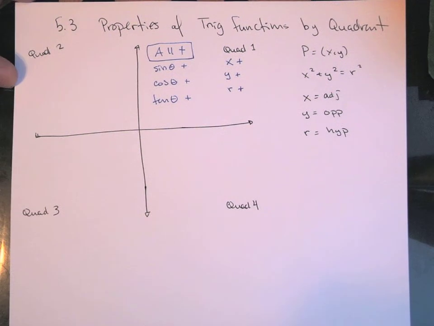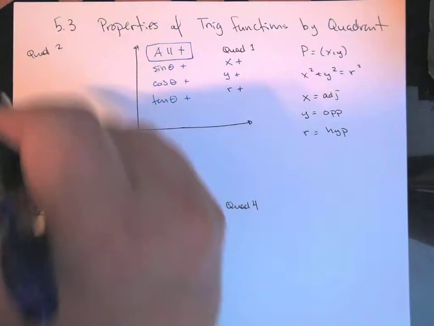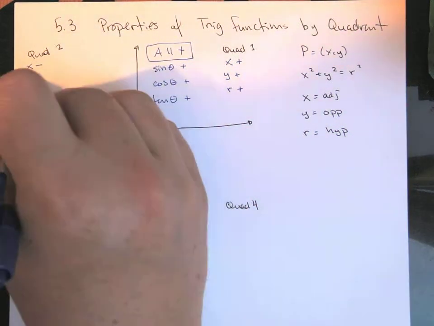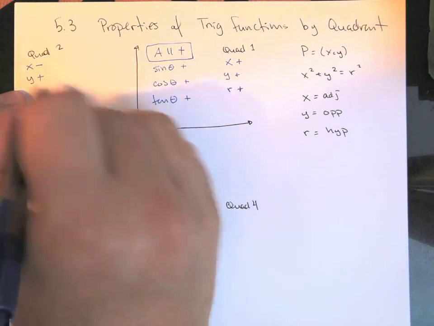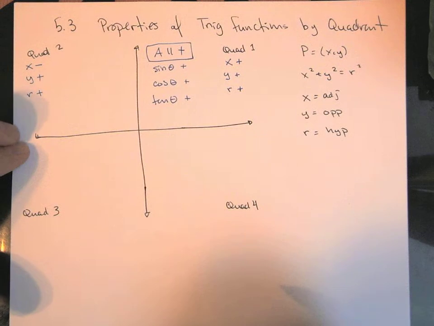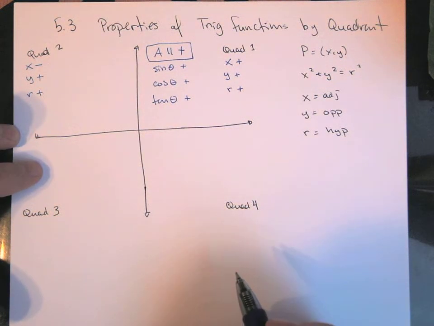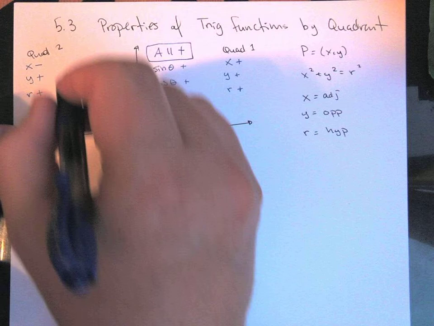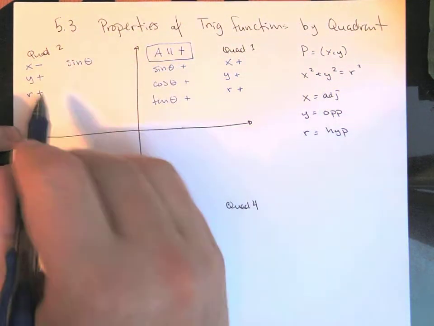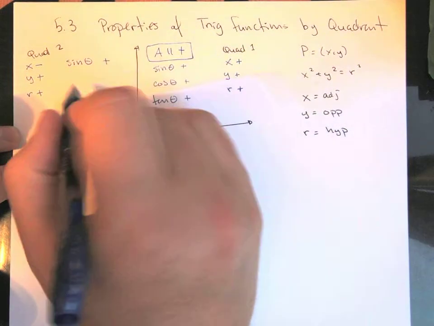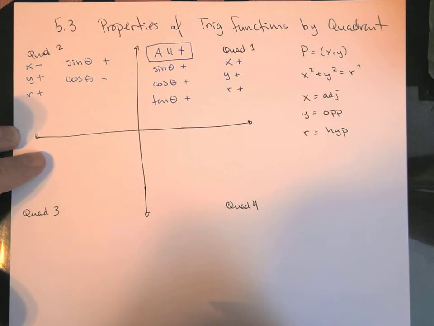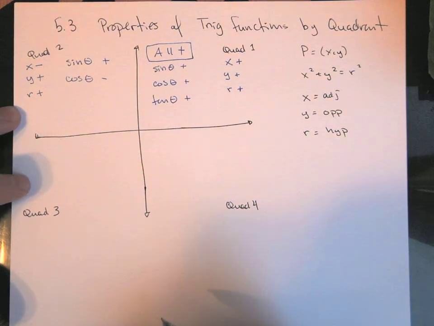So things will start to get a little bit more interesting in the second quadrant. So what changes? The x value is negative, right? As we go to the left, we're still above the horizontal axis, so our y value is positive, and our radius values are always positive. So what's going on here? Our sine function, because sine is based on the y and the r, is still going to be positive, but the cosine value is going to be negative, because cosine is based on the x and the r.